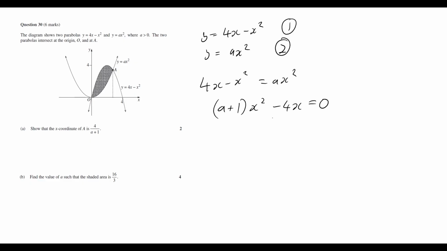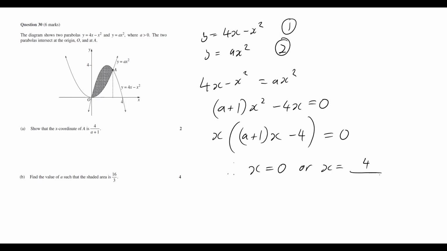So now I can take out a common factor of x here. So now I can rewrite this whole thing as x out the front of a plus 1 in brackets, x minus 4 equals 0. So now from looking at this, we can say therefore x equals 0 or x equals 4 over a plus 1. And that is exactly what part A is asking us to find.